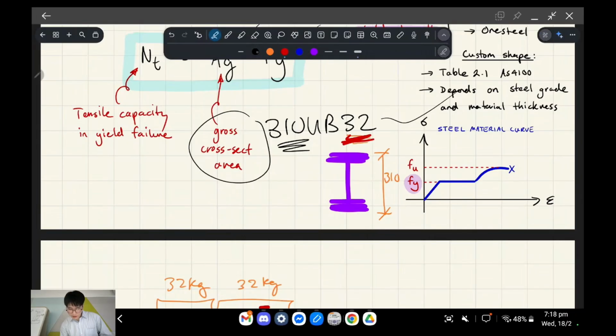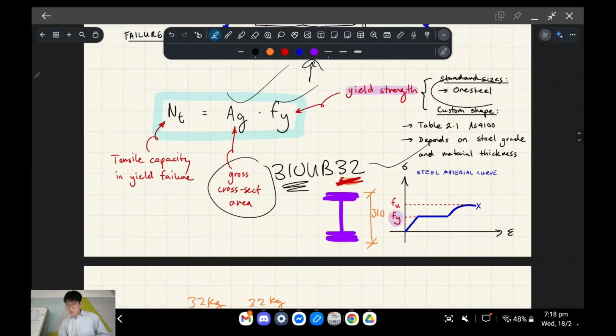So why do I bring that up? We have something called OneSteel. OneSteel is a catalog that you can Google, and it's like a PDF, and it's going to tell you all these different types of steel products, and everything you need to know about them. It's going to tell you the area, Ag. It's going to tell you the moment of inertia.